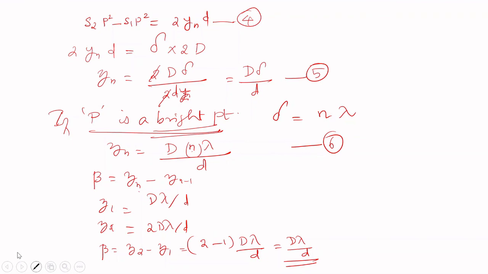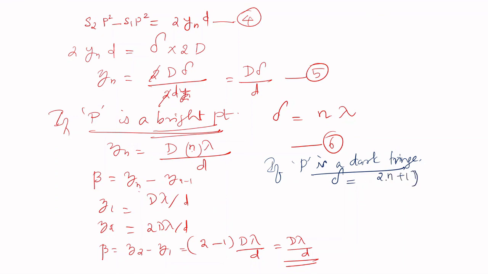Now if P is a dark point, if at P we get a dark fringe, in that case, what will we do? We will substitute delta's condition of darkness, that is 2n plus 1 lambda by 2. So what we get? yn is equal to D into 2n plus 1 lambda by 2d. So y1, y2 we will write. y1 is when n equals 1.